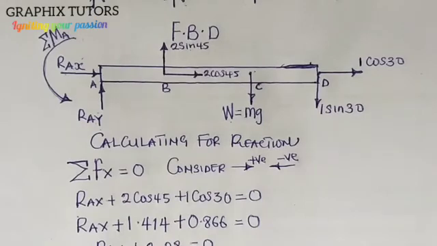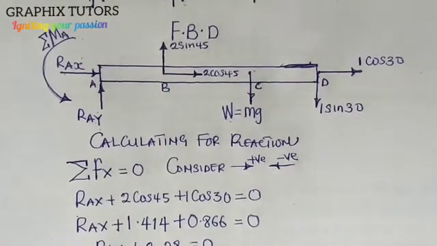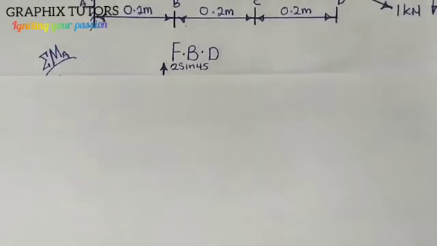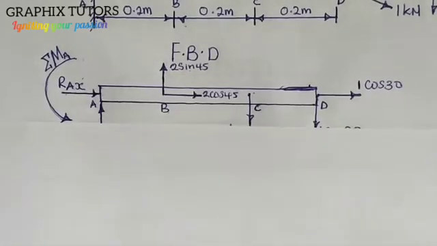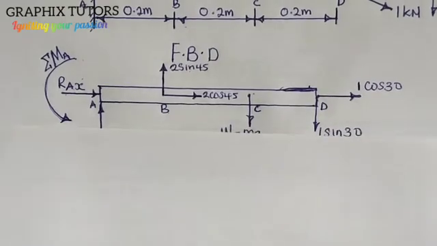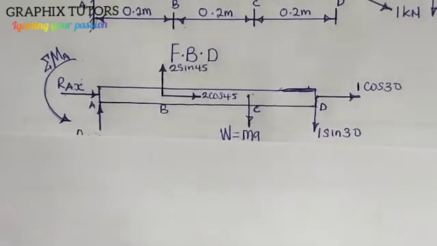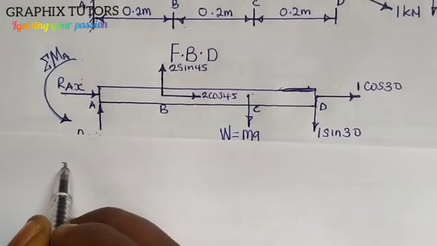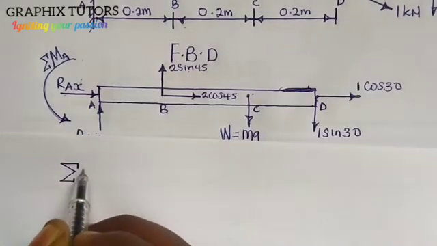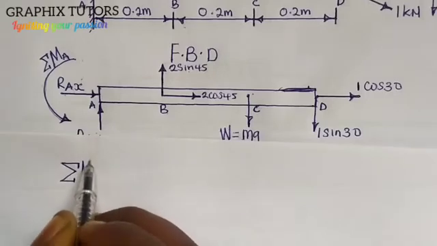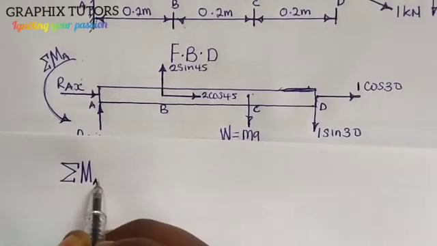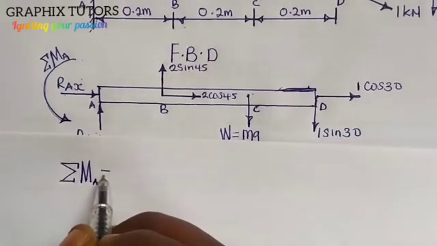In calculating the moment, we have to follow the condition for moment, which is summation of moment about point A is equals to 0.